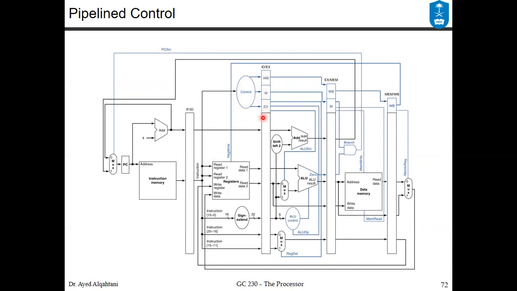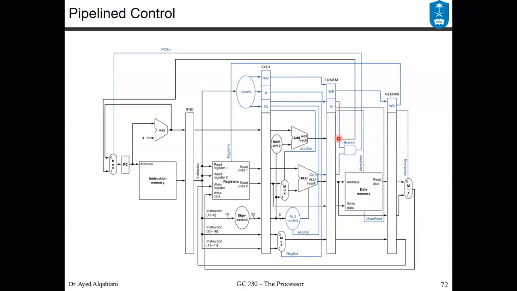The execute will supply you with the ALU source, the ALU op, which is ALU op 0 and ALU op 1, and also the register destination. For the memory, you save it and then forward it and feed it to the memory write and also memory read.